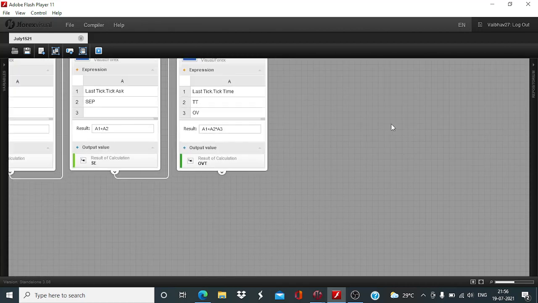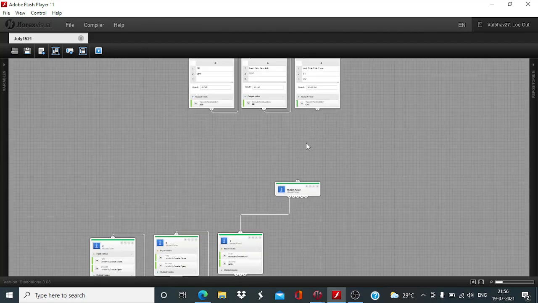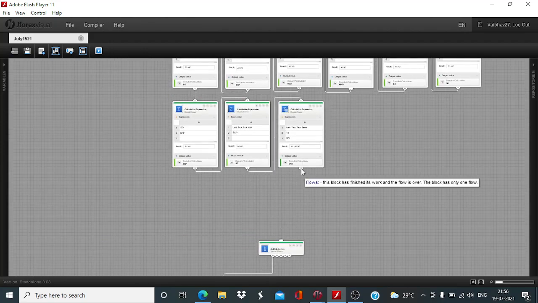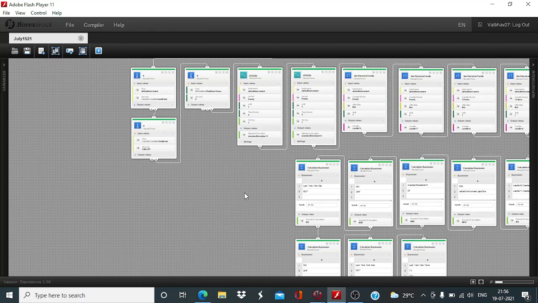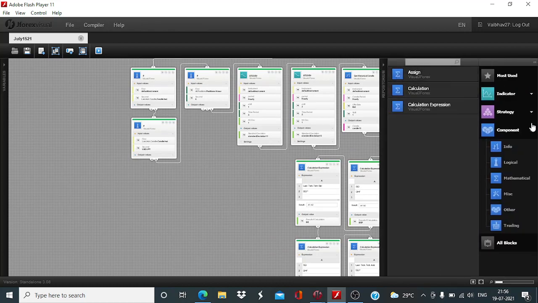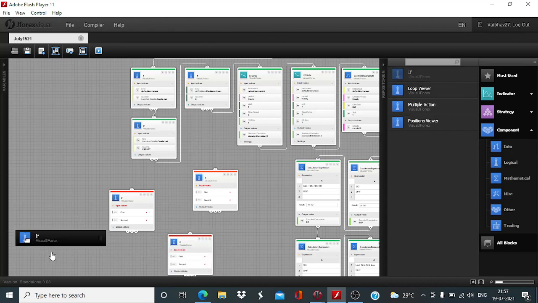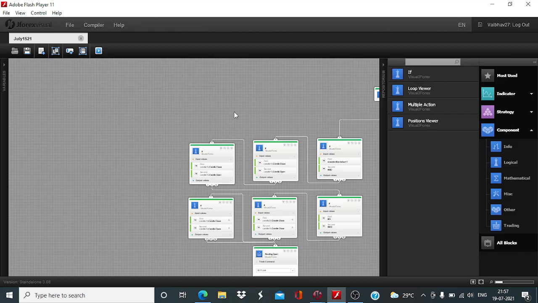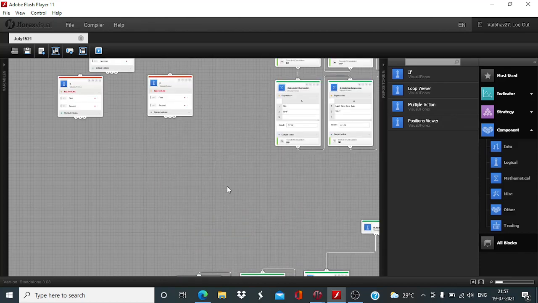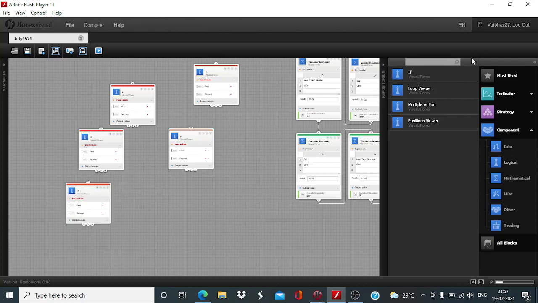Okay, now let us get on with defining the condition for the execution of the sale trade. Component, logical components. We are going to need 6 of these. The formation is going to be symmetrical, and after that trade command block will be added.